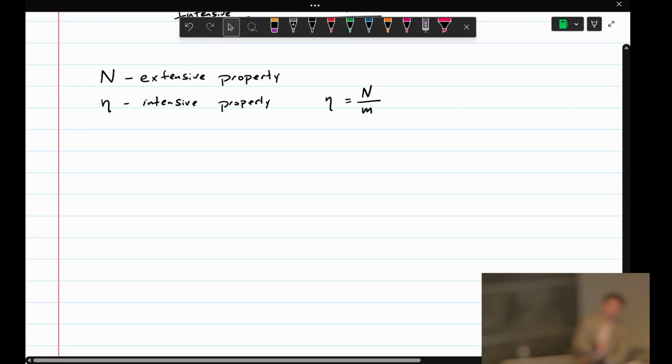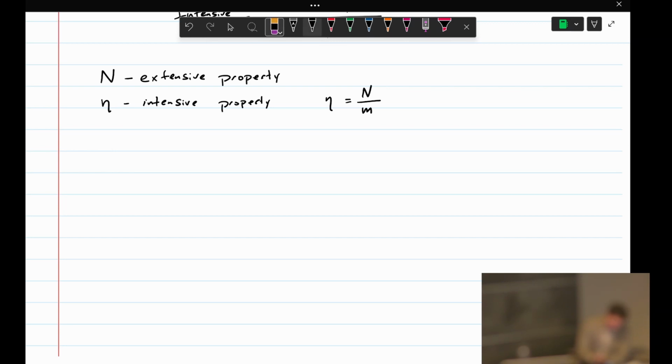So our Reynolds transport theorem in words says, again, I'll keep it in red just as a reminder, that's our material derivative. So this is following a control mass.